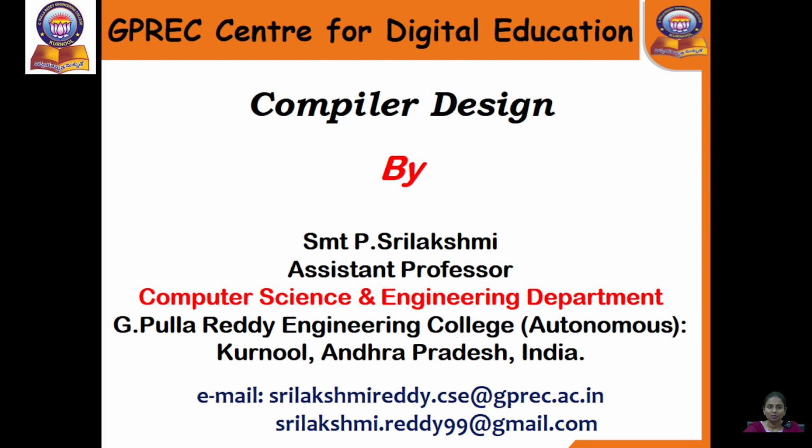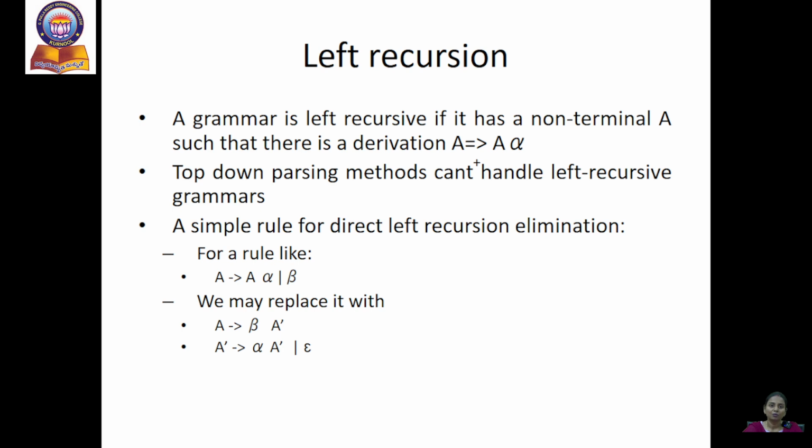So let me discuss how the left recursion will be removed from a given grammar. First of all, let's discuss what left recursion is. A grammar is said to contain left recursion if it has a non-terminal on the LHS and the start of the RHS consists of the same non-terminal.